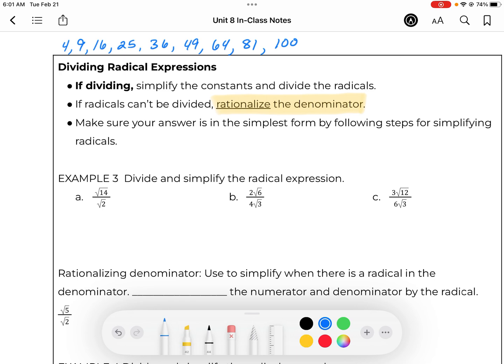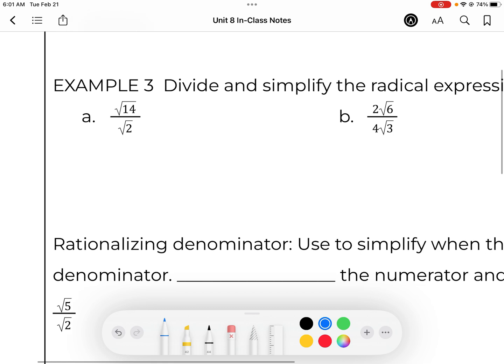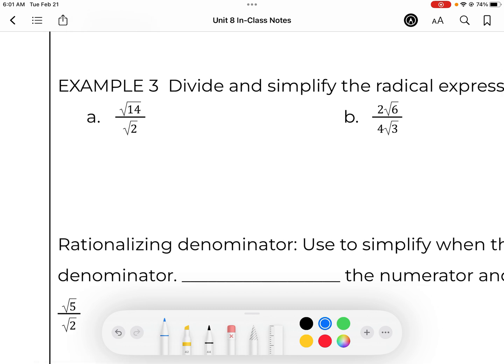Okay, so on the first one, I have the square root of 14 over the square root of 2. I need you to remember that means the square root of 14 divided by the square root of 2. Remember that those fractions mean division.